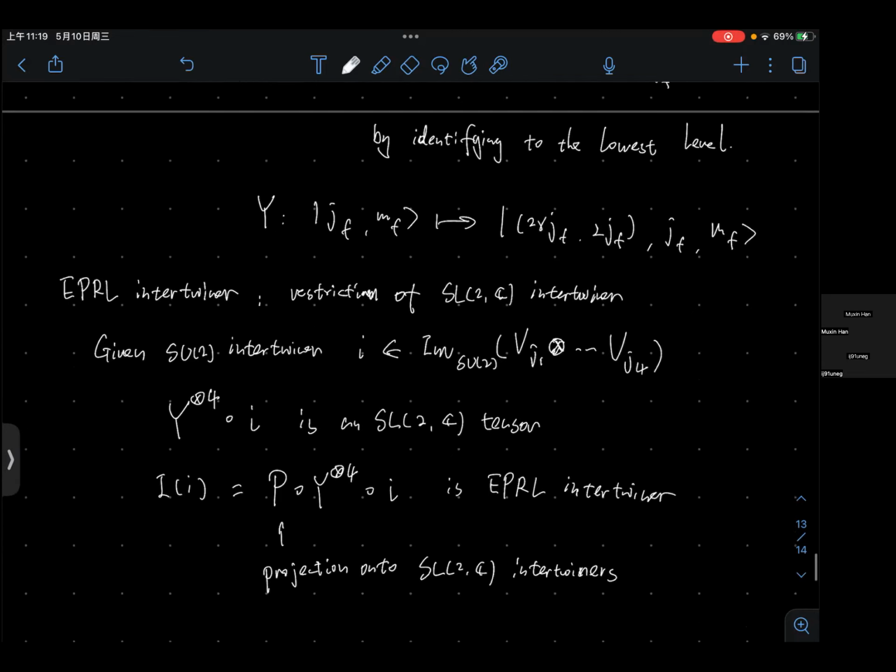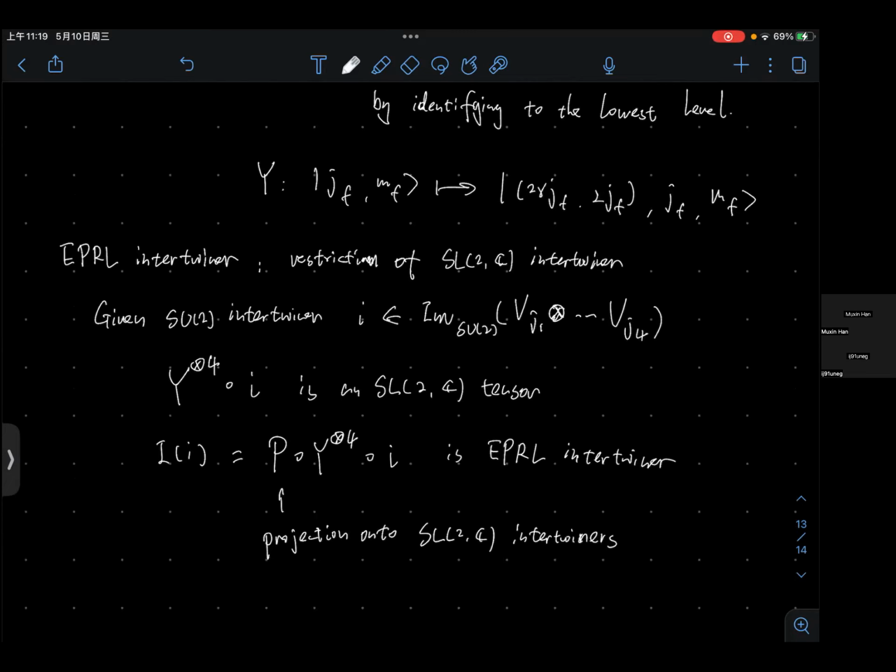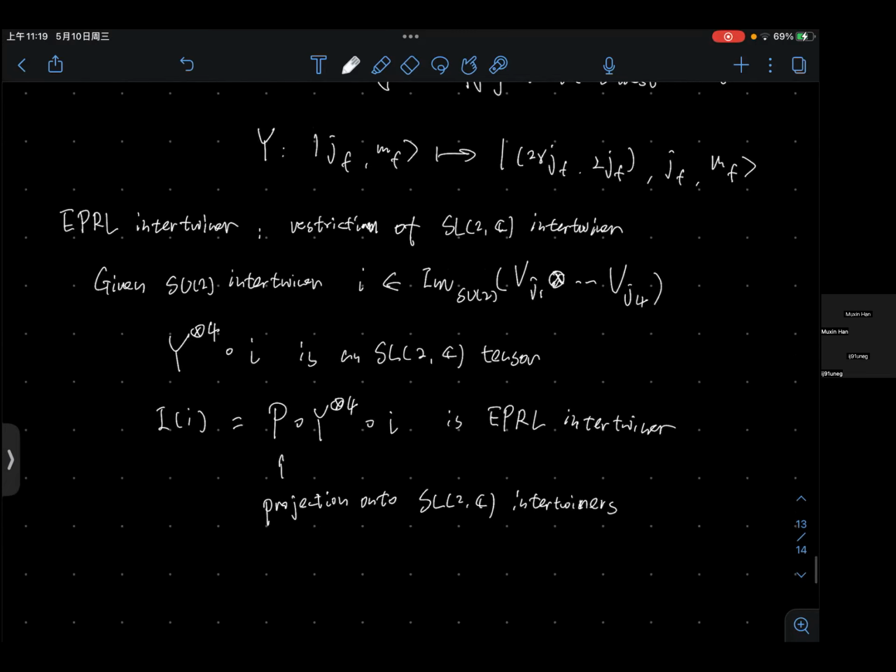Okay, so this is the scheme. It gives you a formal definition of the EPRL intertwiner.